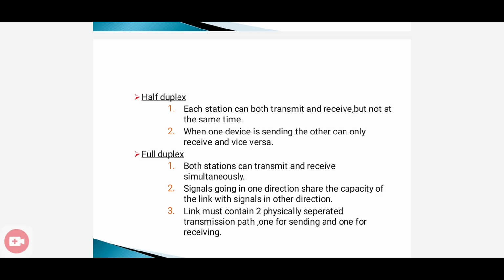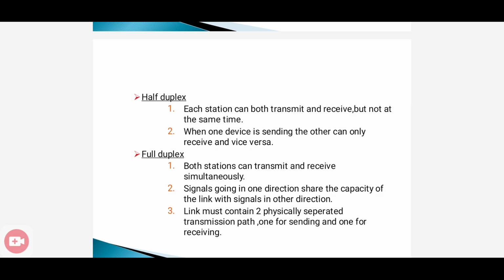If device 1 is sending some data, then device 2 is a receiver at a particular time t1. But at time t2, the mechanism should change. That is, device 2 can act as a sender and device 1 can act as a receiver. Okay. At time t2.